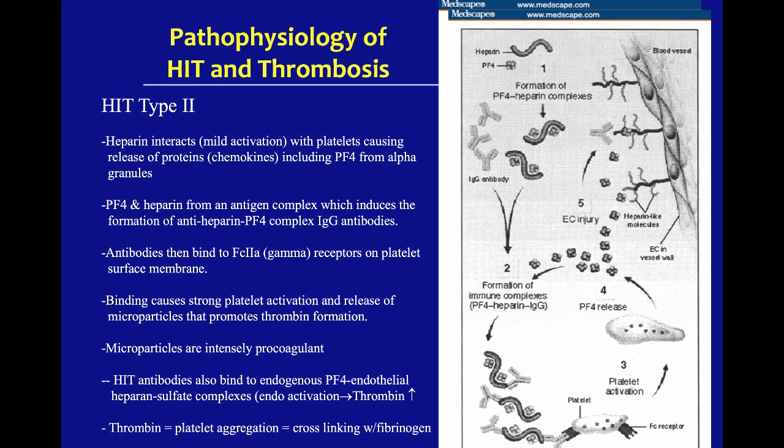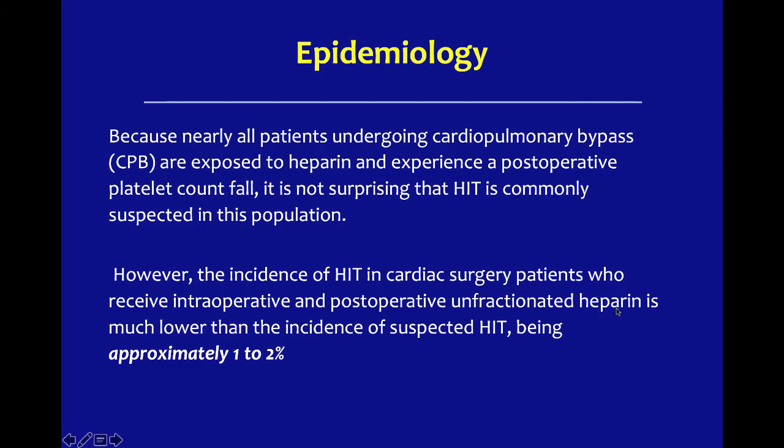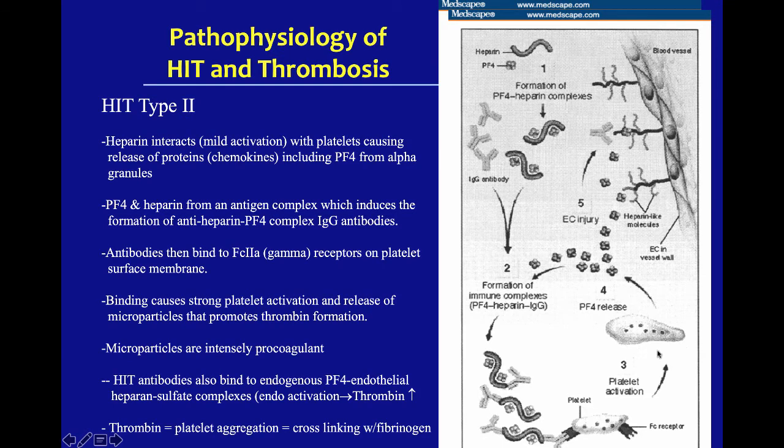And this is a really important slide, so let's take it slow, digest this. I want you to understand this. So heparin interacts with platelets. It's a mild activation, but it does cause the release of these chemokines, that PF4, that platelet factor 4 we talked about. So heparin will interface with the platelet and mildly activate it, releasing platelet factor 4.